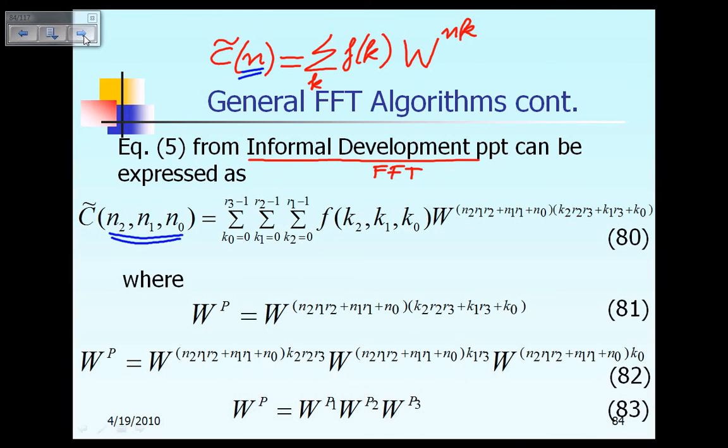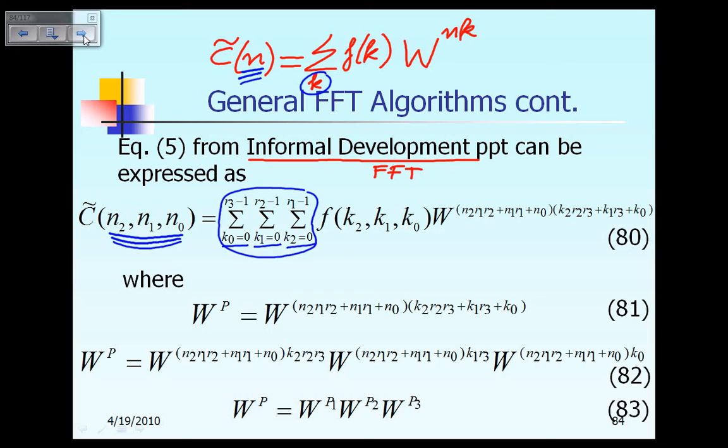Similarly, the summation on k, the small index k, is now expressed by 3 summations based on the indices k0, k1, k2.